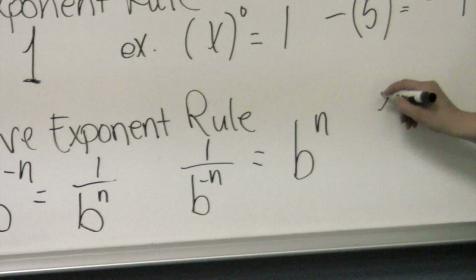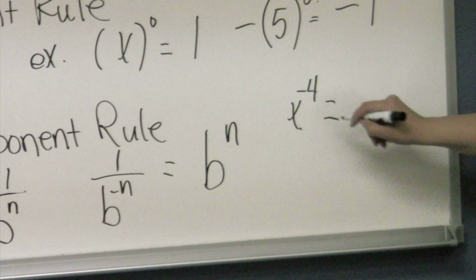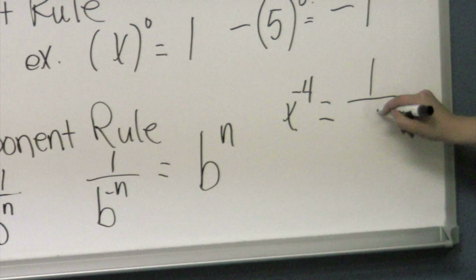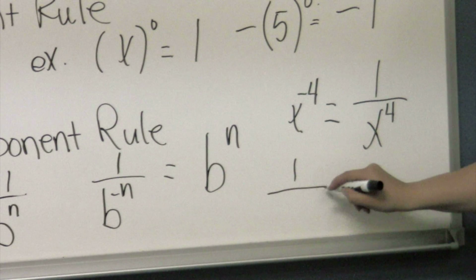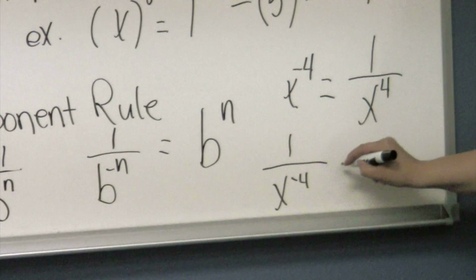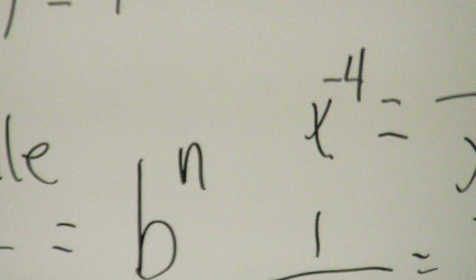Okay? For example, if I have x to the negative 4, we have 1 over x to the 4. Now, if I have 1 over x to the negative 4, my answer will be x to the 4.